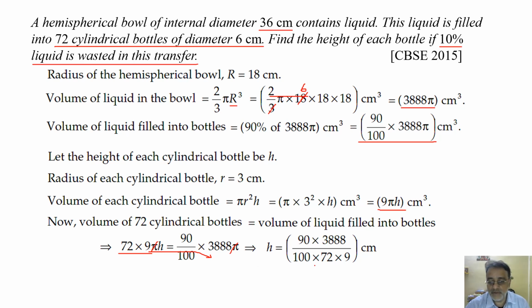Right. Now we have to do some calculation. Cancel 90 with 9, we get 10. Right? And again we can cancel 3888 by 72.